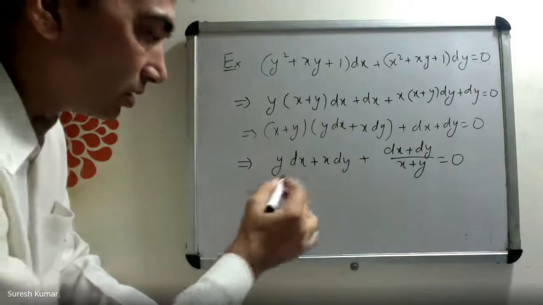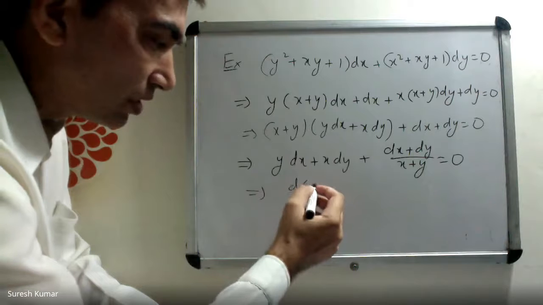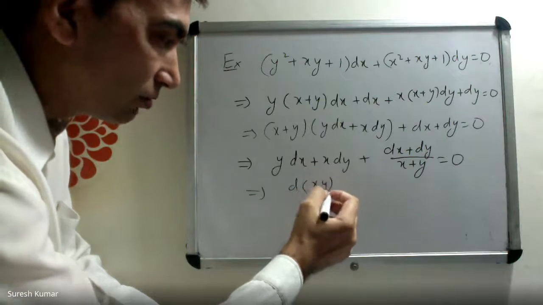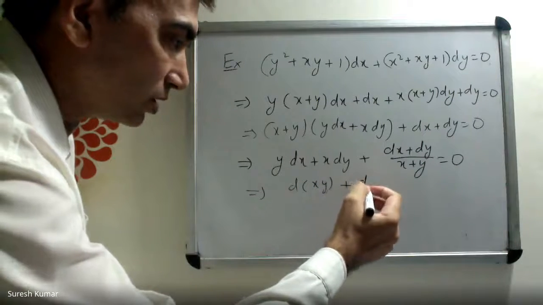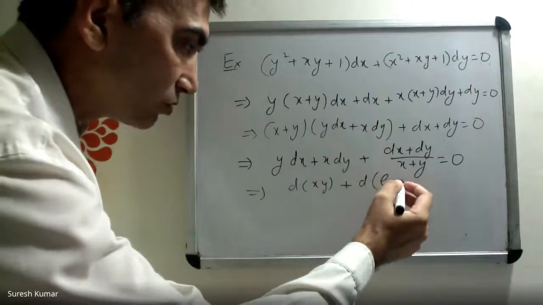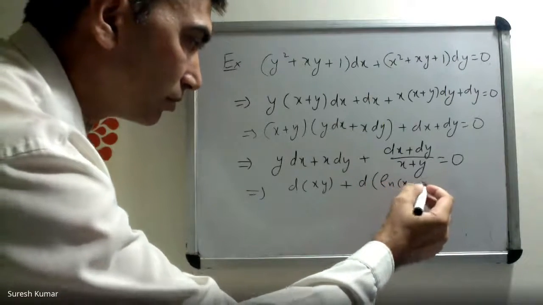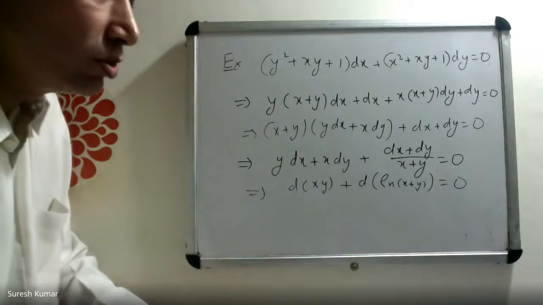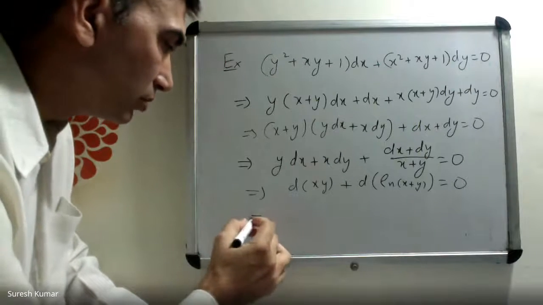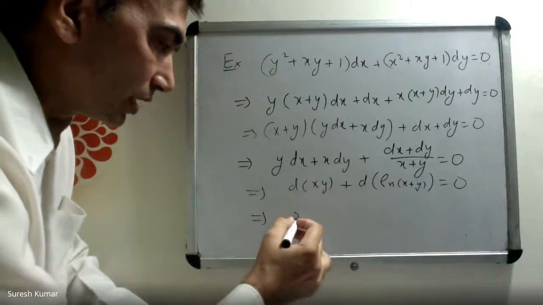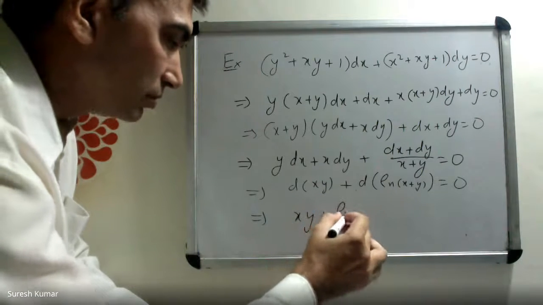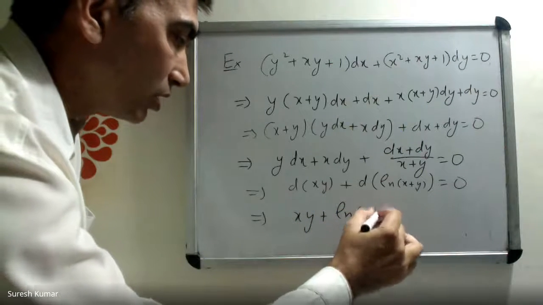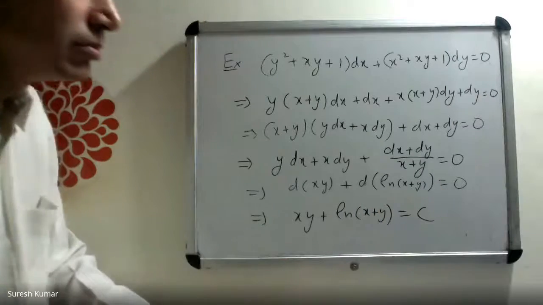And these two terms can also be combined in the exact differential d of xy plus d of ln x plus y. Now we are able to integrate throughout. So you get xy plus ln x plus y equal to c.